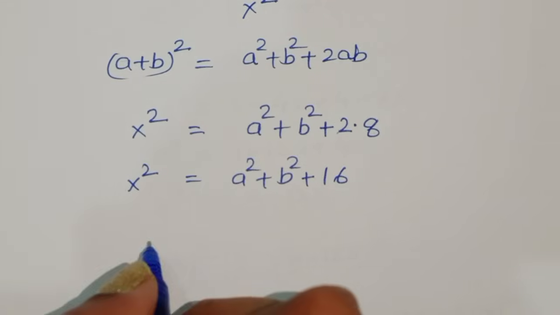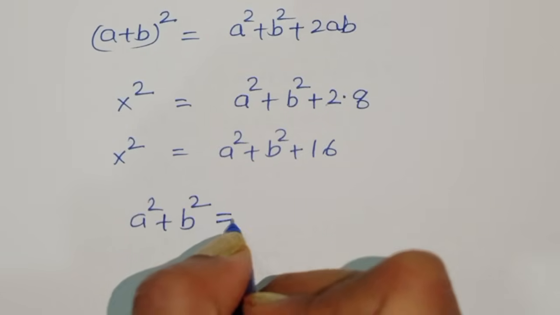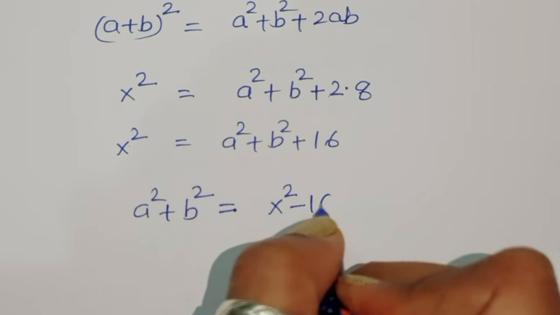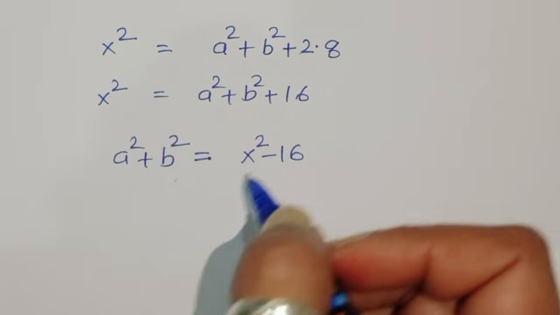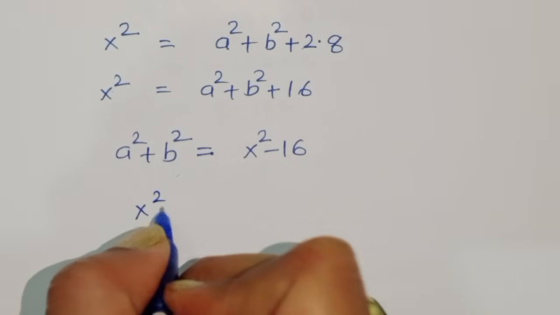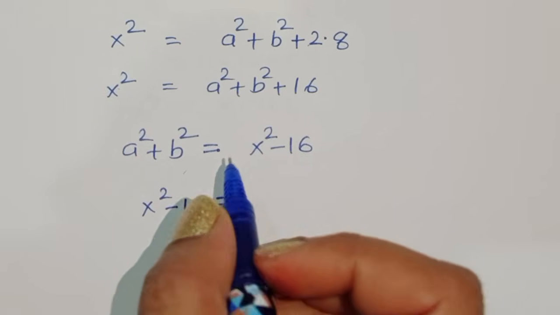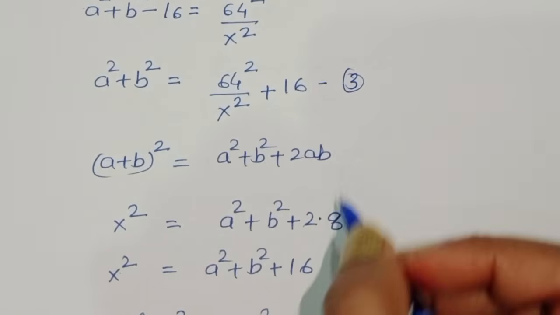Now a square plus b square is equal to x square minus 16. This is the value of a square plus b square. So we can say x square minus 16 is equal to, you can say here, this is equation number 3 and this is 4.